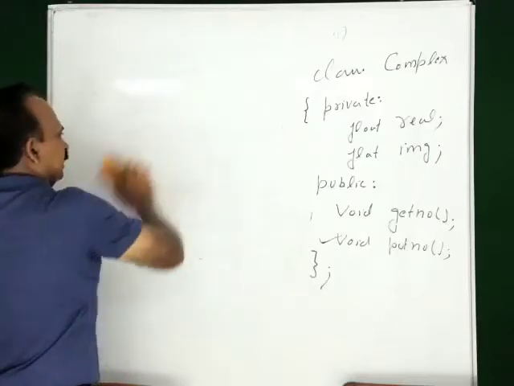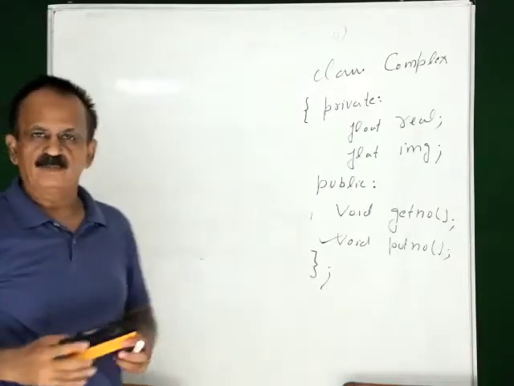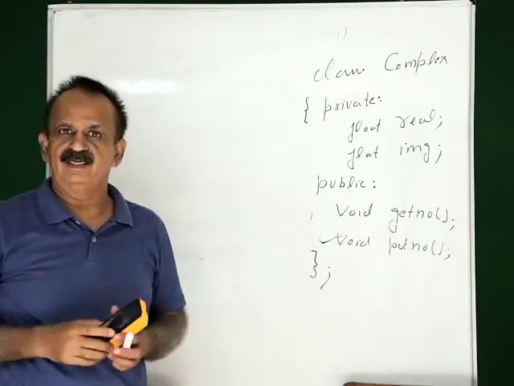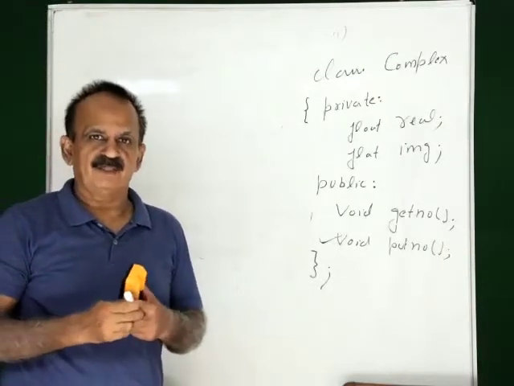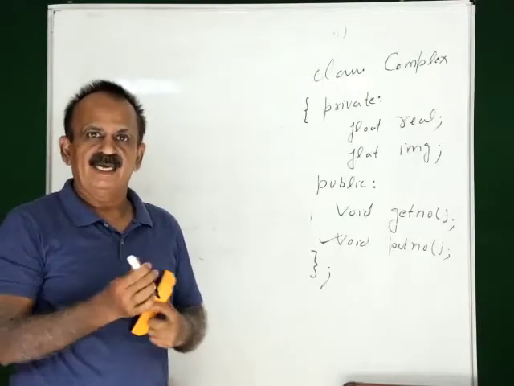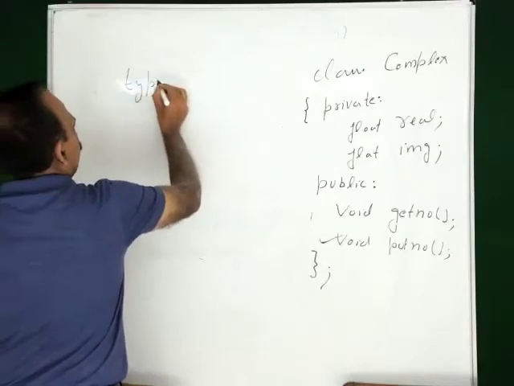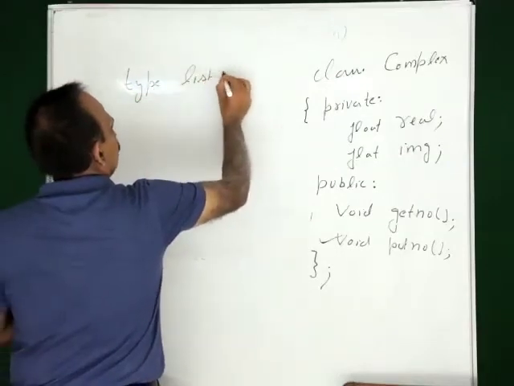Now what basically is the object? Object is nothing but a variable whose data type is class. We are familiar with variable declarations, and variable declarations are given as type followed by a list of variables.